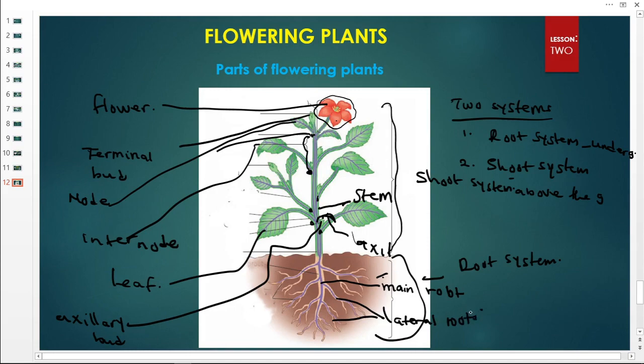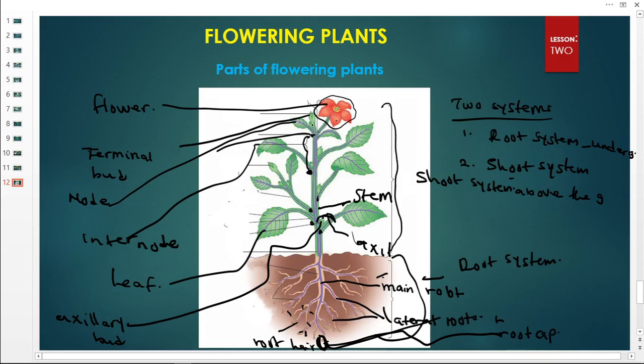These lateral roots develop some small roots, and those are what we call the root hairs. Then at the tip of this growing root, there is a covering, and this one is called the root cap.